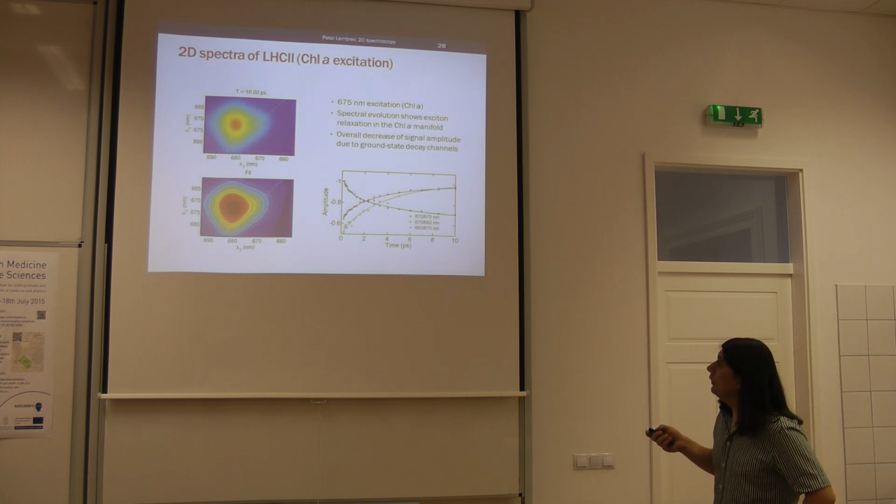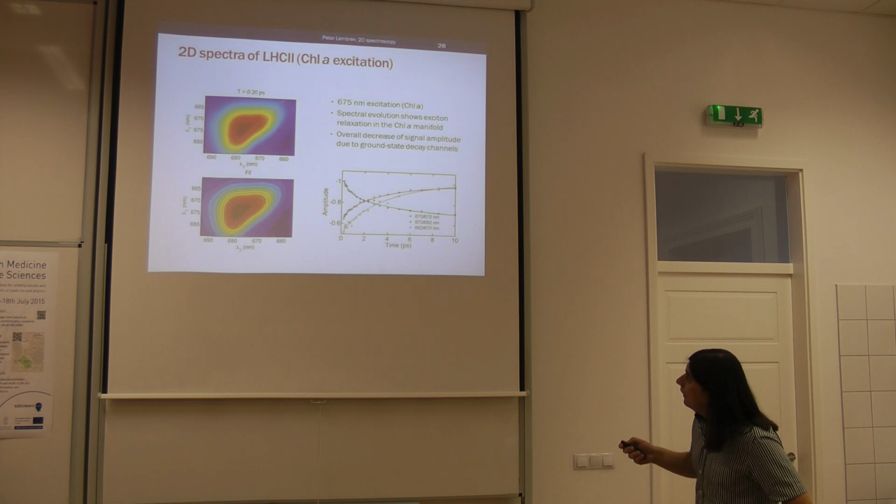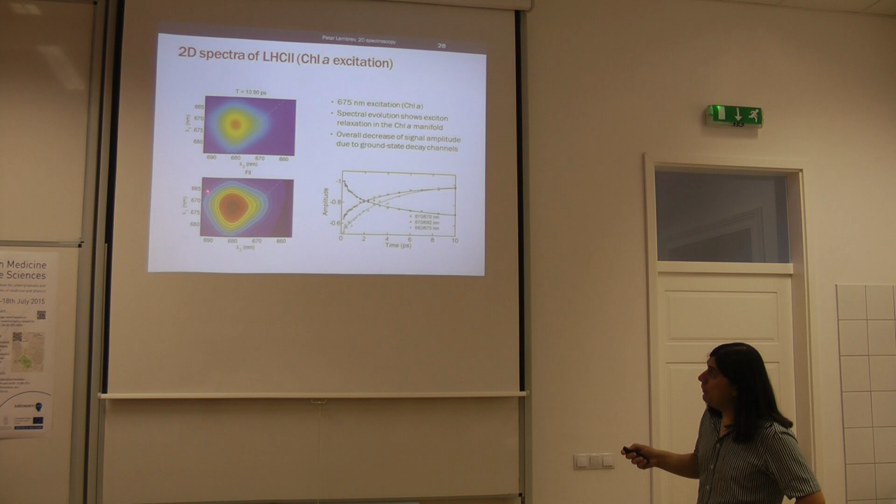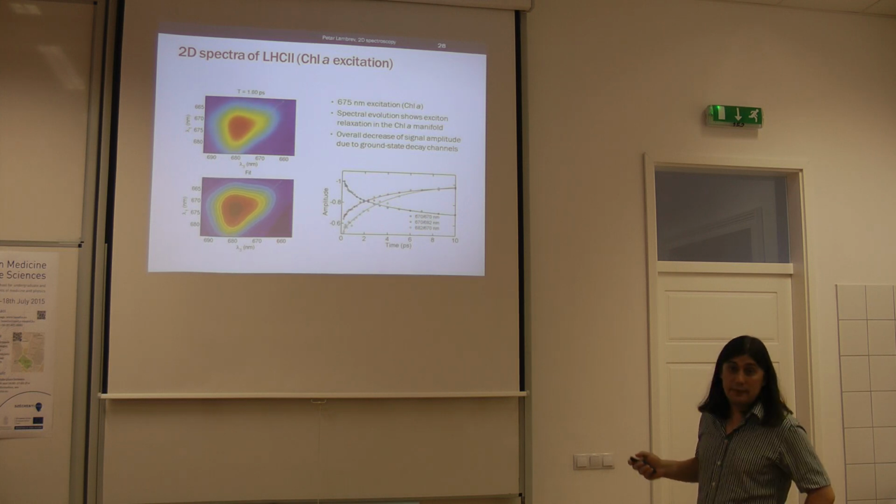And what you also see, this is very interesting, is this cross peak, which tells that energy came from 665 nanometers and went to 680. But at the same time, we can see a little bit, but you can see it, energy can start from 680 and end up at 665.